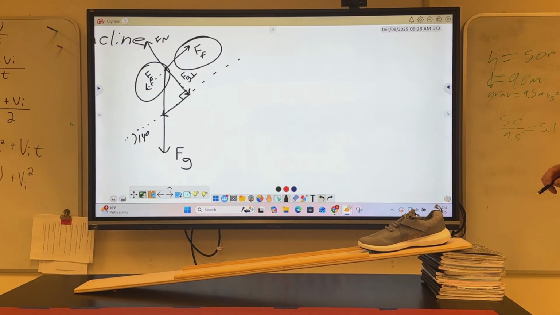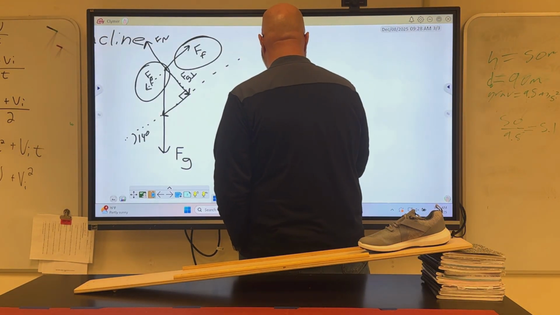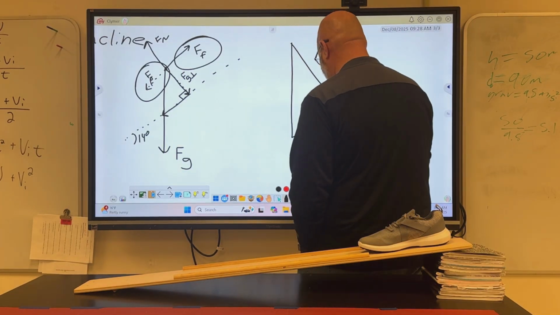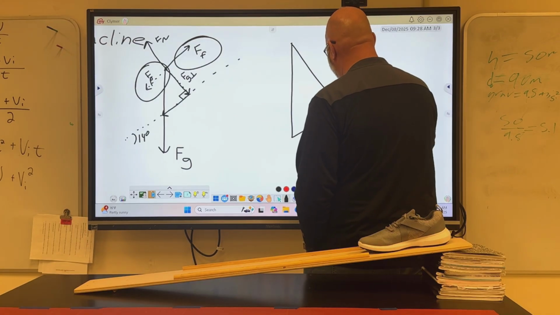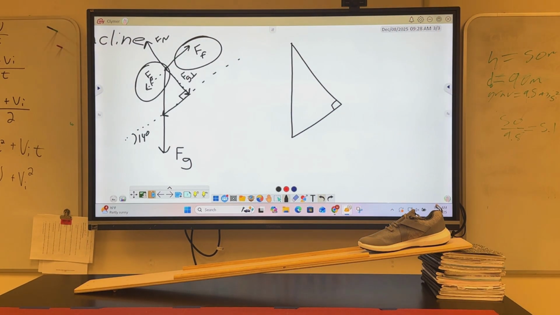So let's blow up our triangle here. Does anybody remember the mass of our shoe from the other day? 3 newtons.